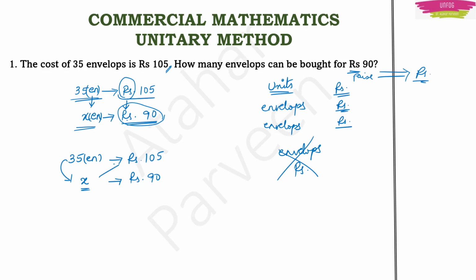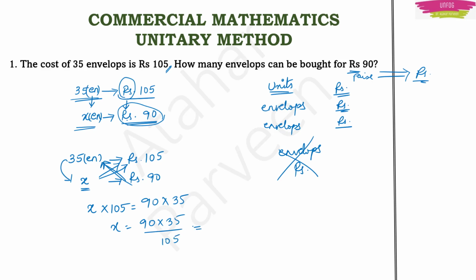Now you use the unitary method. Arrow like this, then arrow like this. Correct? So this arrow first I will write, because X is here. X into 105 is equal to 90 into 35. X will be equal to 90 into 35 by 105.